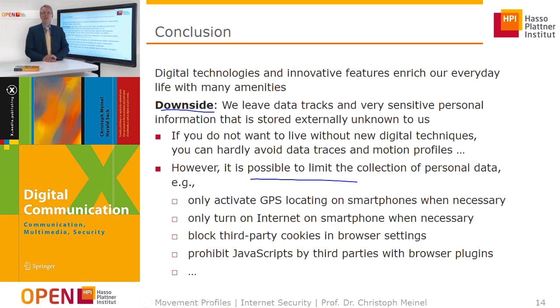For example, if you switch off JavaScript, it helps to make tracking your activities more difficult, but it also decreases the functionality of the website. Most important is that one should think about that. One should make informed decisions about what kind of data collection you will allow and what not.